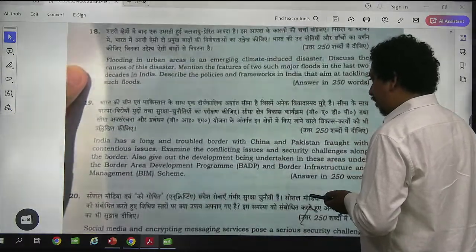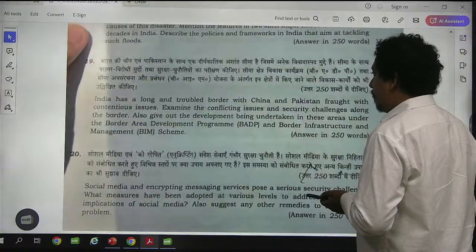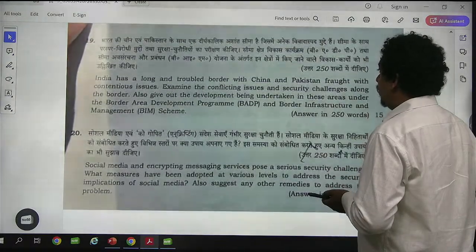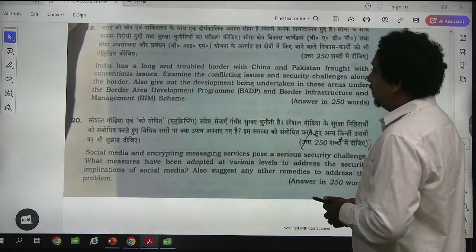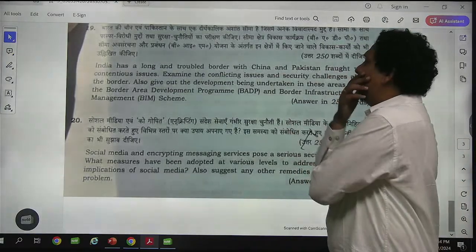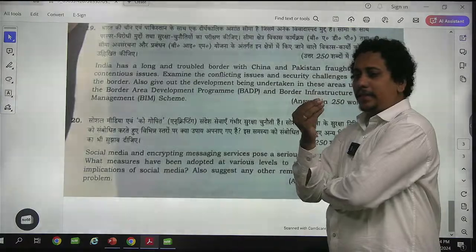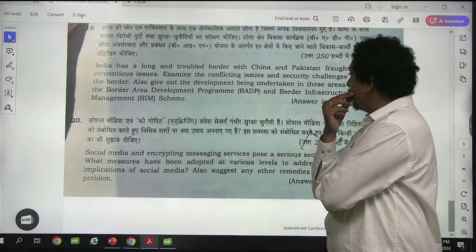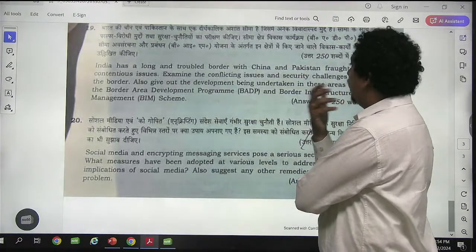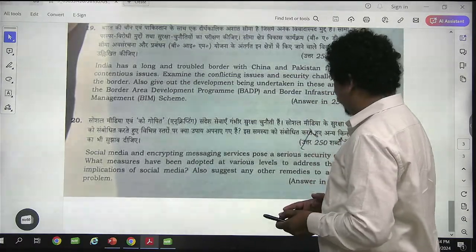India has a long international relations question: India has a long and troubled border with China and Pakistan, fraught with contentious issues. Lots of issues are there, like India-Pakistan and India-China, the two major neighbor countries with which we are sharing difficulties in our international relations. That easy question was asked.